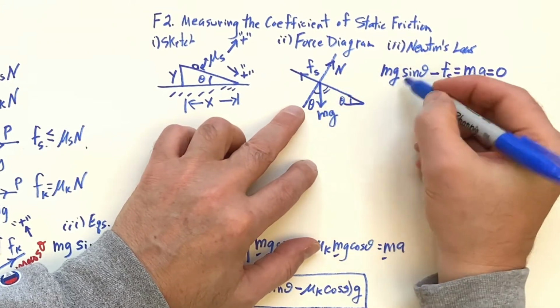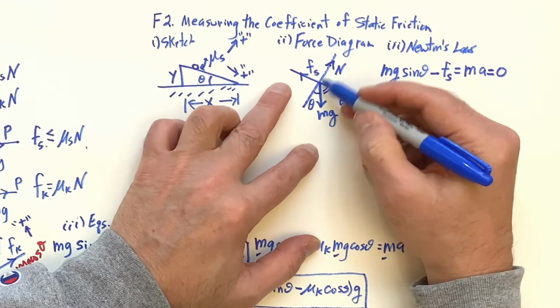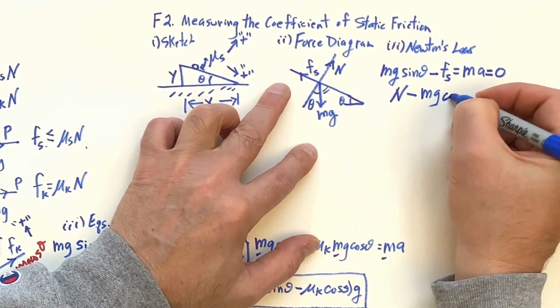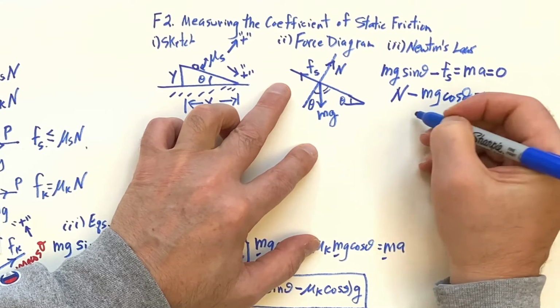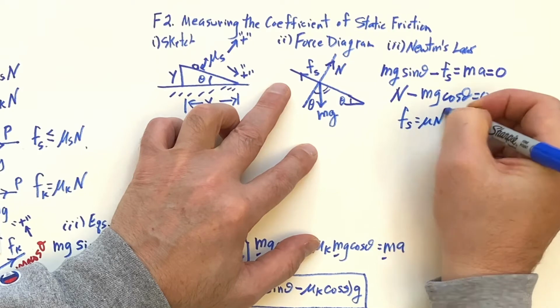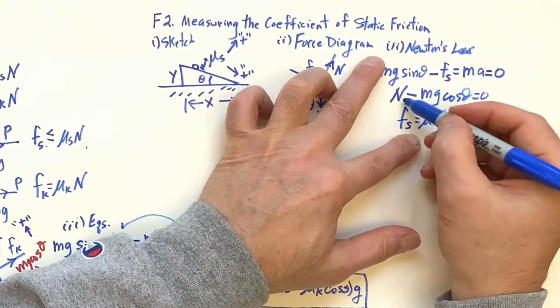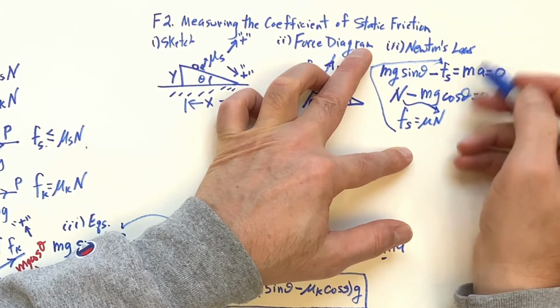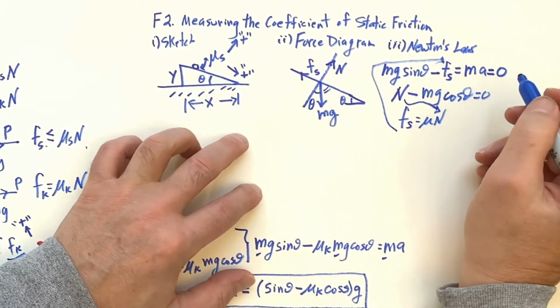So then in this direction, you have n going up minus mg cosine of theta, that equals 0. Then you have the auxiliary equation, the friction equation, like this. I like to use the n into here, and then the friction into there, working from the bottom up. It's my style.